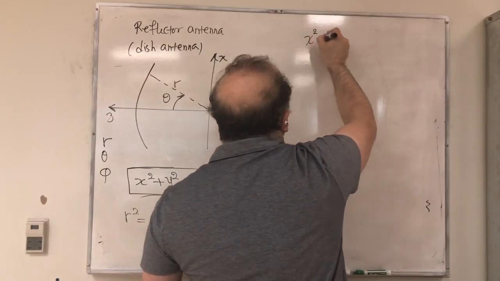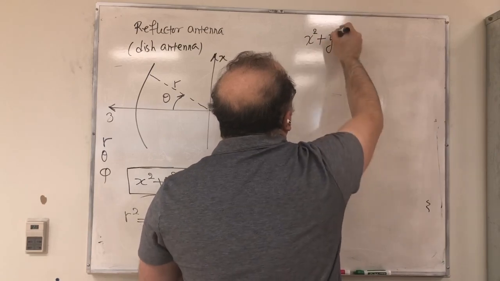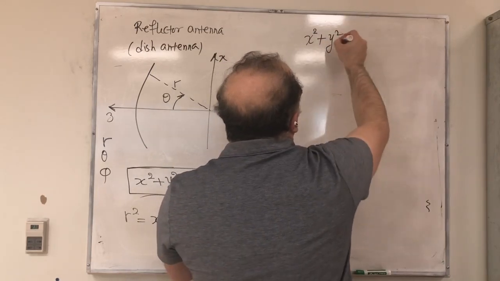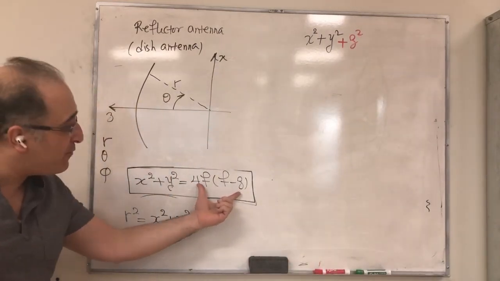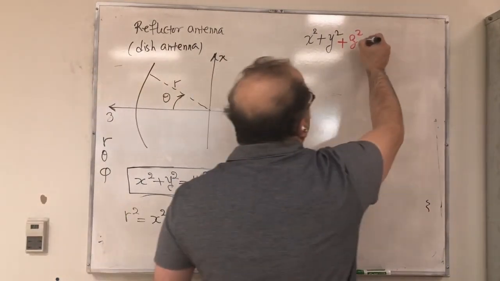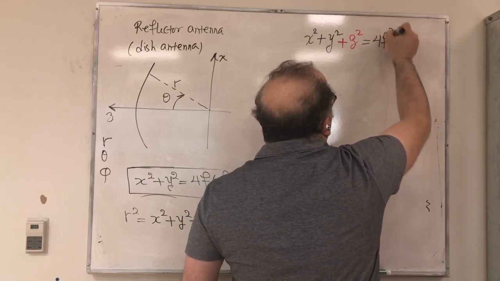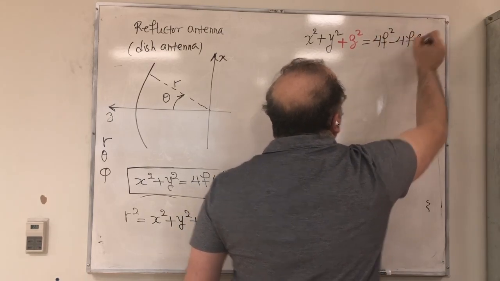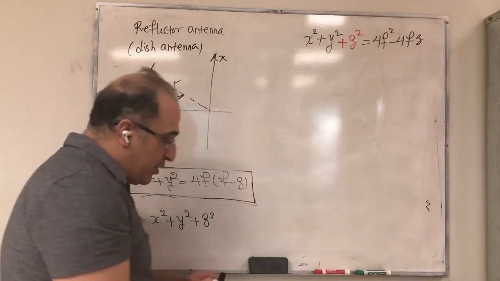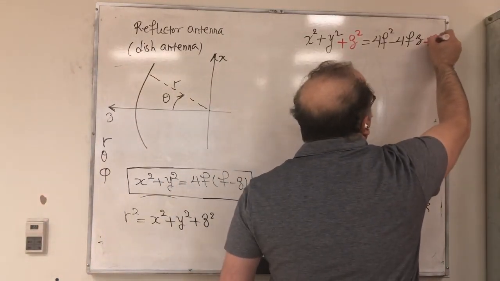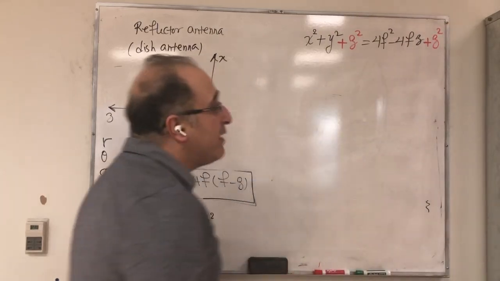I'm going to have x squared plus y squared plus z squared, and on the right I have 4f minus z. I'm just going to write it as 4f squared minus 4fz. Because I added a z squared here, I'm going to have to add another z squared here as well.